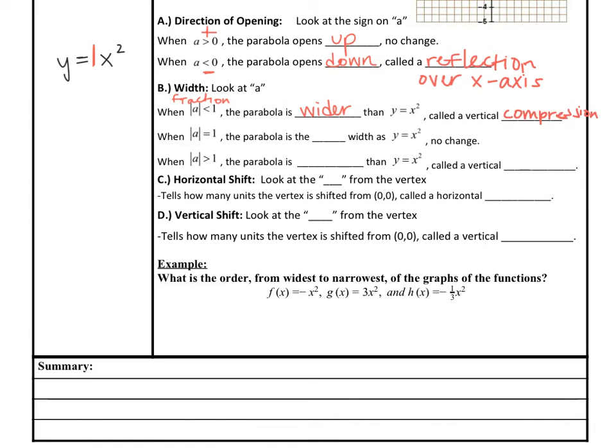If the a value equals 1, then it is the same width as the parent function, because the a value here is 1. It doesn't change anything. If the a value is greater than 1, though, like 1.5 or 2 or 3 or 4, then the parabola is narrower, which we call a vertical stretch.